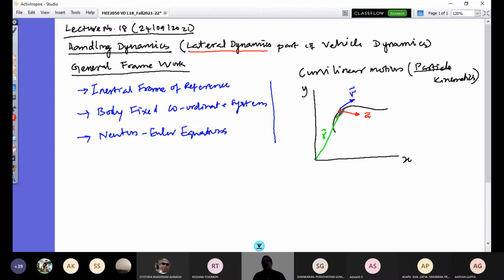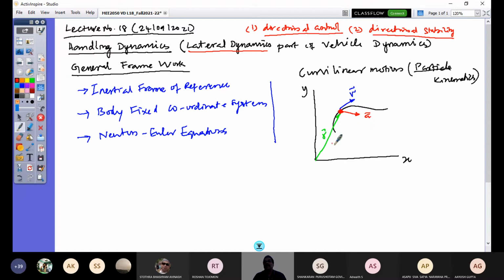So one is directional control, and another one is directional stability. These are the two primary objectives of lateral dynamics of a vehicle that we are going to study, right?